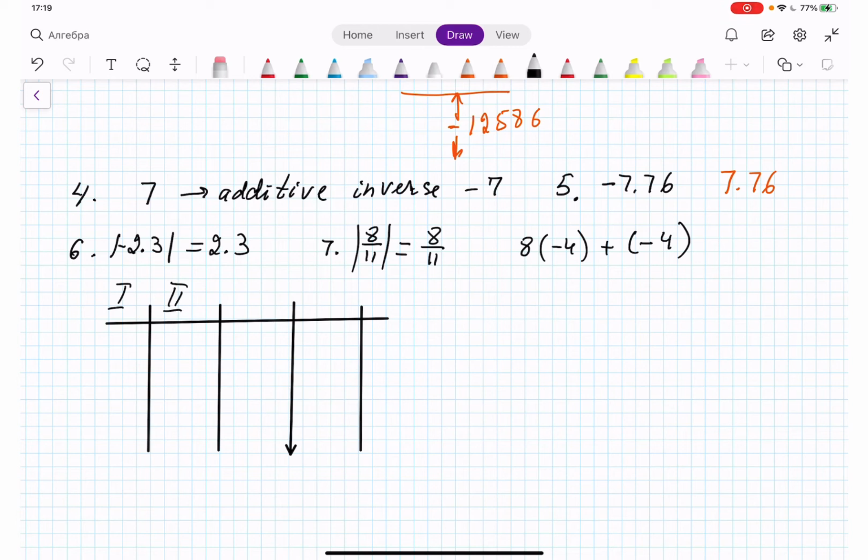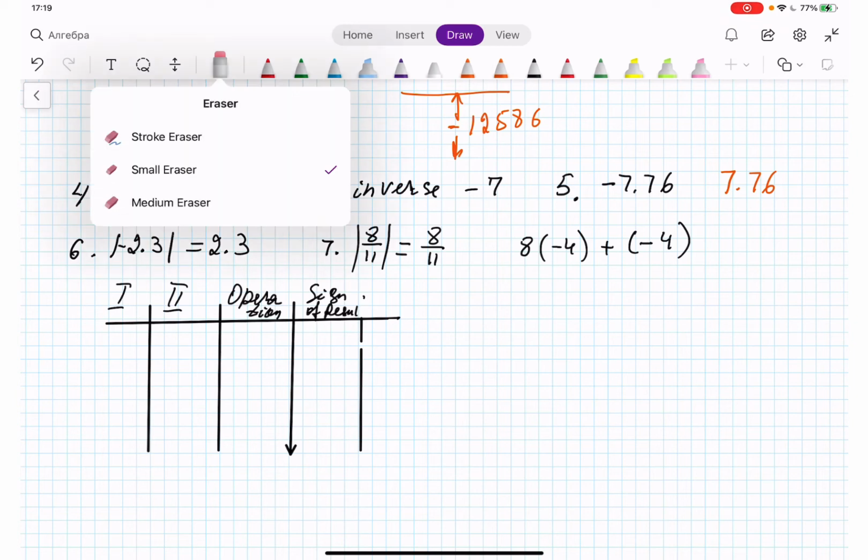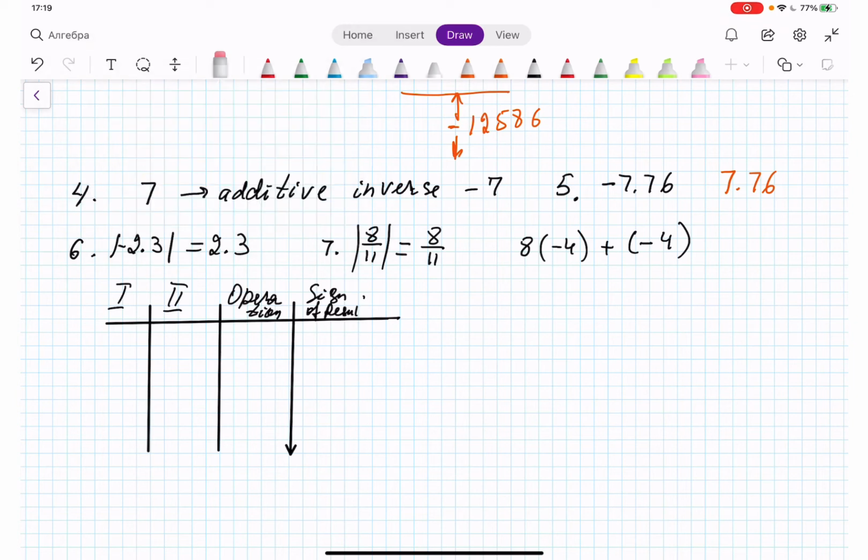Here we do operation. Here is going to be the result, the sign of result. And I guess that's it. So I can clean this. Okay, and write down the sign of result.